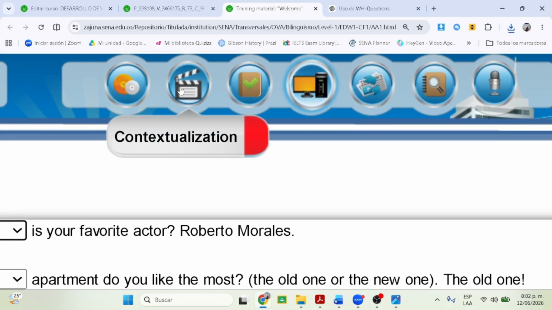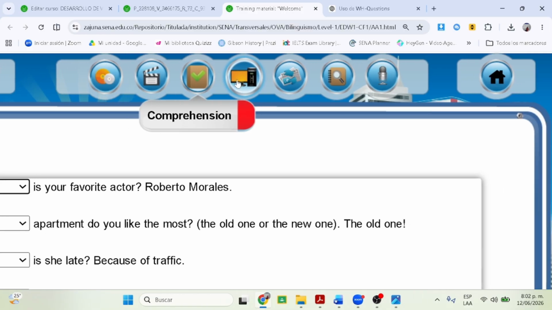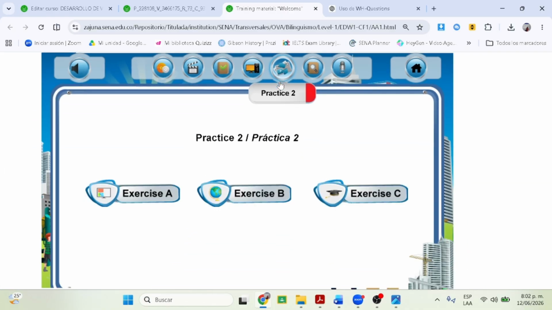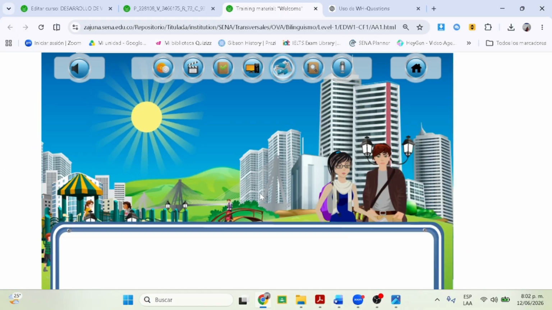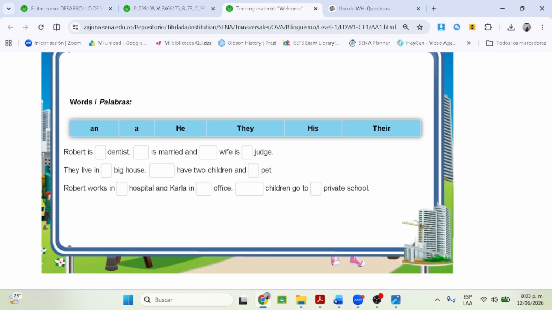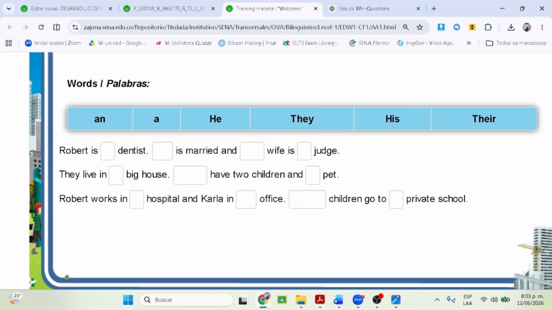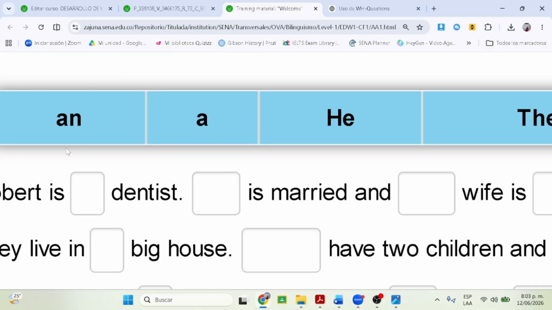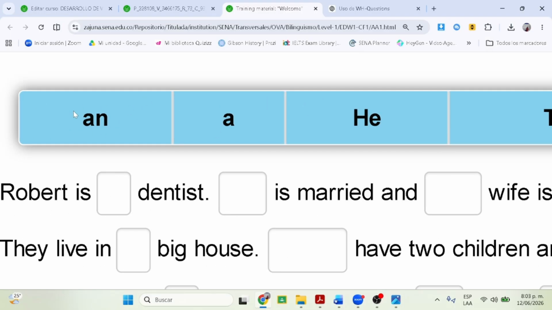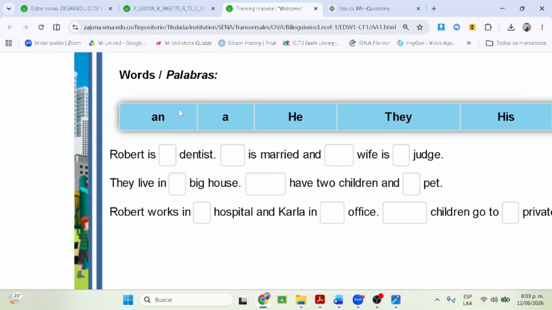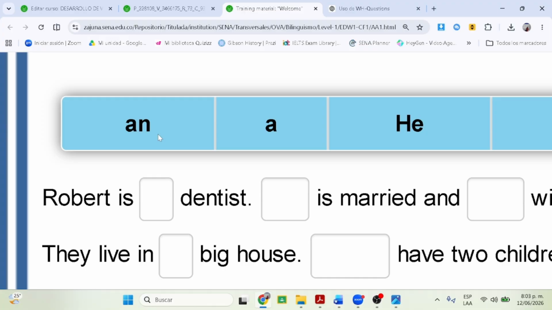Introduction, topics, visualization, examples, comprehension, questions, practice 1, questions, practice 2, more exercises. This is about grammar. Here we have the articles. Do you remember the difference between an and a? Yes? Remember?